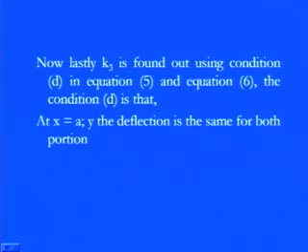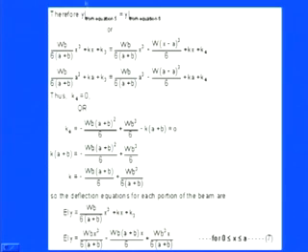If we keep this k3 into the different equations, then we can get the deflection which is the same for both of the portions at x equals A. So now if we keep those conditions, the deflection for equation 5 is the same as the deflection for equation 6. That means for the BC portion and for this AB portion we have the same deflection.